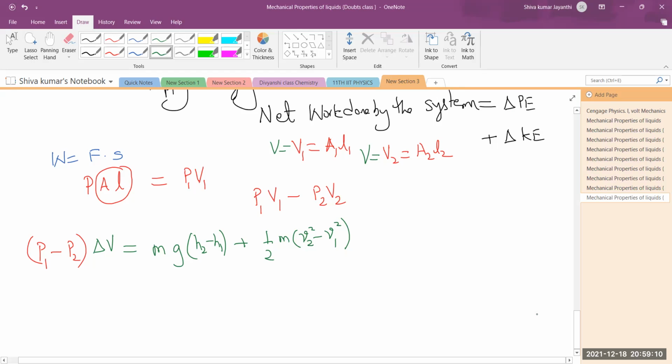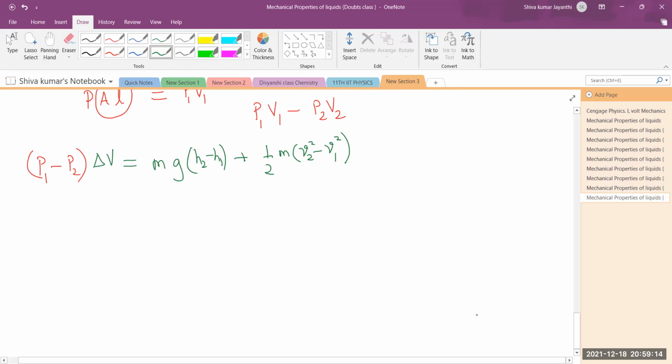Understood this? Okay. Now, the pressure difference we are talking about, we can write from the earlier known equation as rho g into (h2 minus h1), the change in heights, into delta V1, is equal to mass.